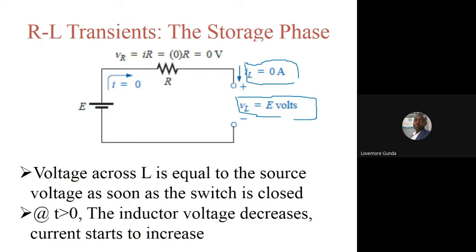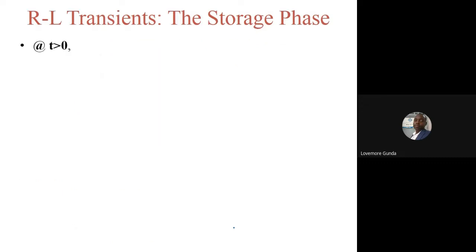After t equals 0, the inductor voltage decreases and the current starts to increase. So E should now be equal to VL plus VR. But VL is equal to L di/dt, and VR is equal to IR.